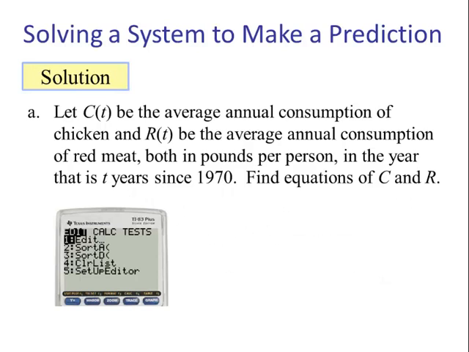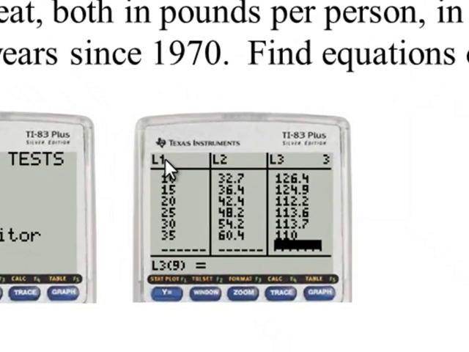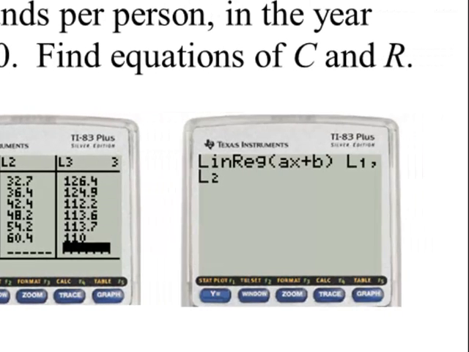A. We first need to put the data into our lists. We hit the stat button, then enter. In list 1, put the years since 1970, list 2 will be the chicken, and list 3 will be the red meat. Next, we hit stat, the right arrow, then linear regression.